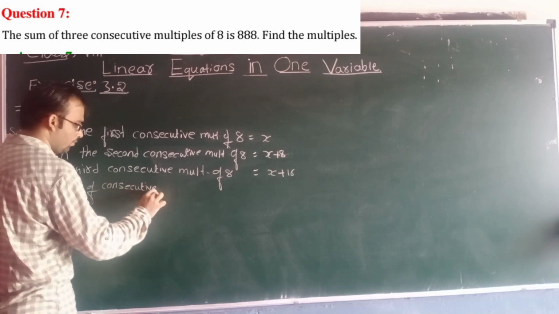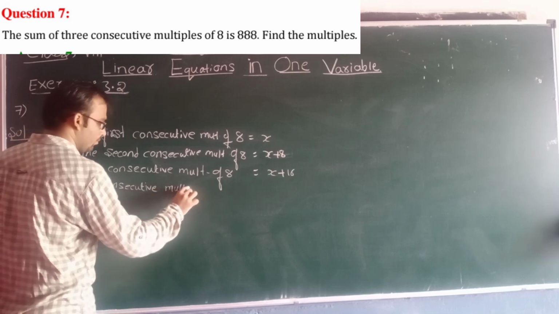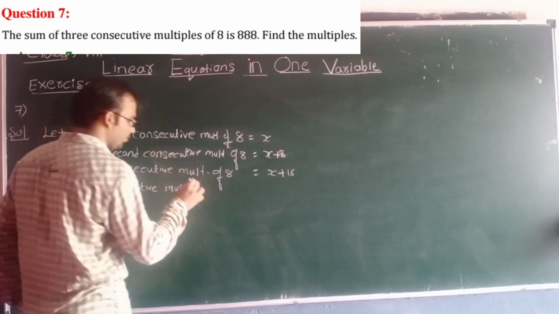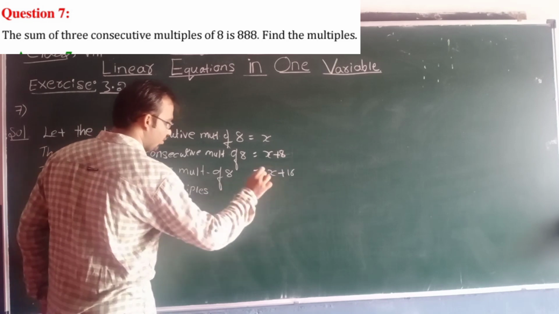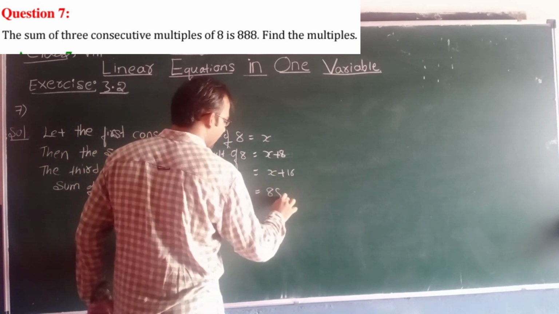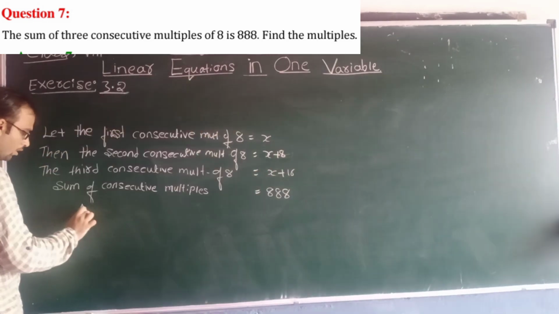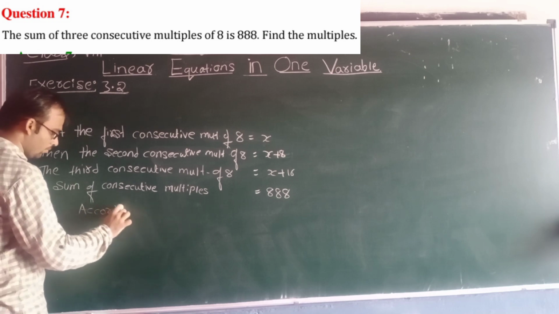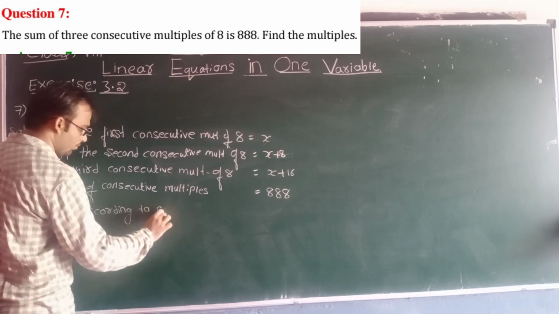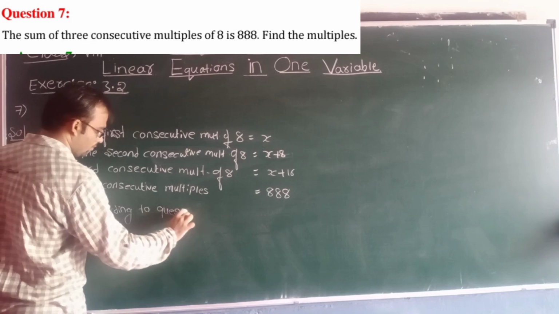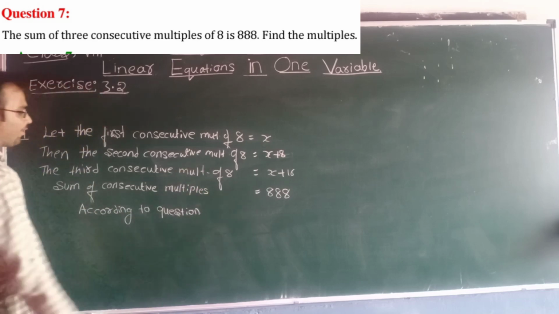Sum of consecutive multiples equals 888, according to the question.